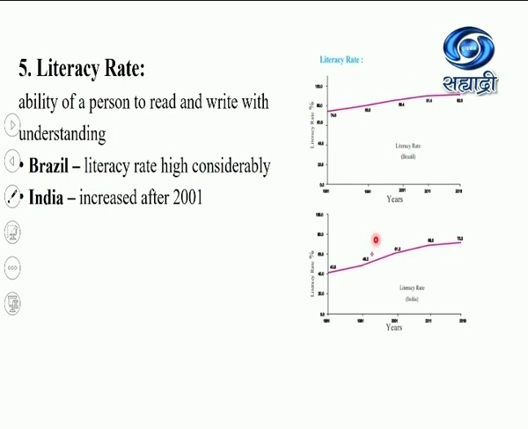In 1991 it was 48.2%, and suddenly in 2001 it was 61%, a very huge gap, and then it is increasing. So definitely in 2020 the literacy rate must have increased. This literacy rate helps us know about the economic, social and cultural development of a particular country.